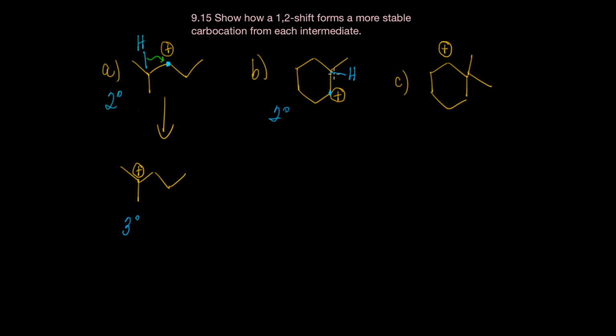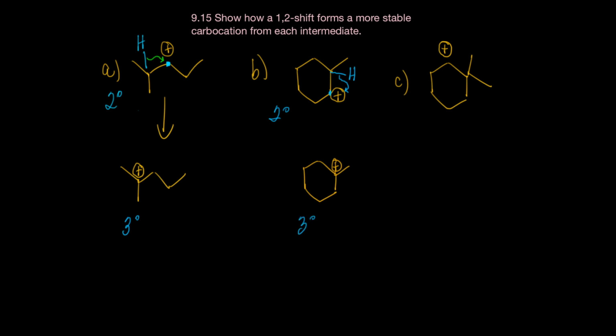So let's take this bonding pair of electrons along with the hydrogen and move it over, and what we'll get is a cyclohexane methyl group, and we'll have the positive charge now at the tertiary carbon.